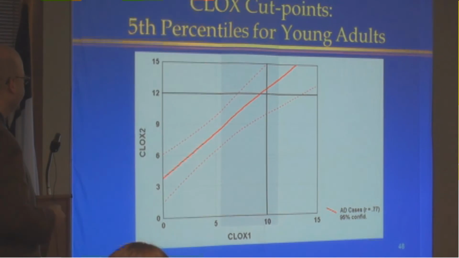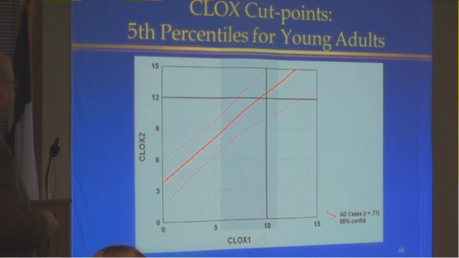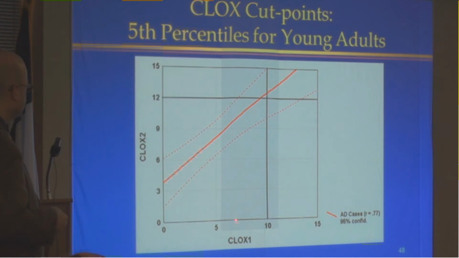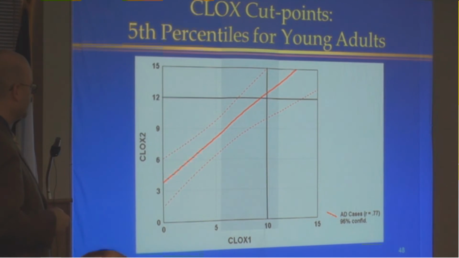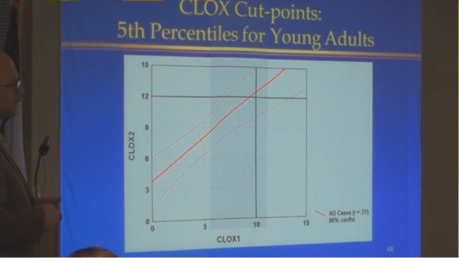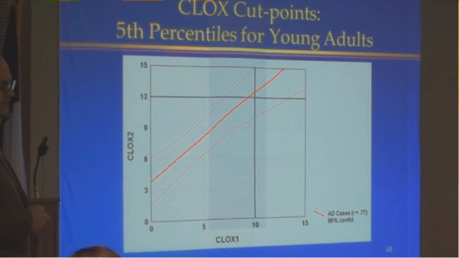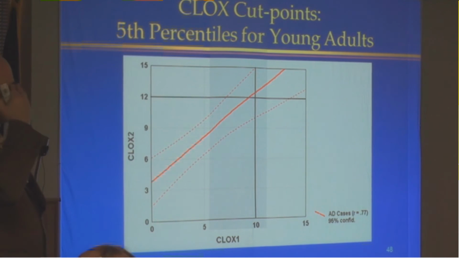So you see how useful this can be. This is just the analysis of the clock with patients with dementia cases. The sensitivity is 77. It's not completely ideal, but it's a very good screen. Anything higher than 70%, I think it's pretty good.